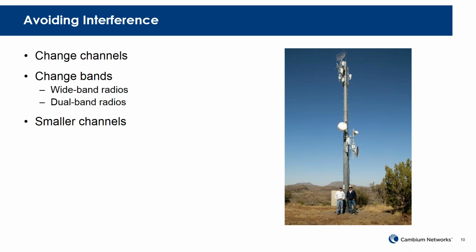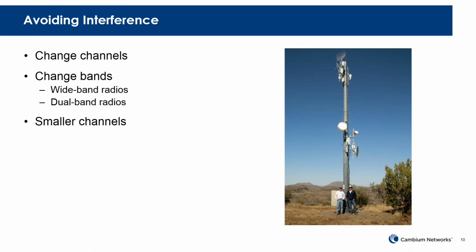Some things to keep in mind when you're going to use this technique are having a radio that has a wider band, a radio that's able to tune to more channels. That's going to make it easier to accomplish this goal of changing channels. Also, having a radio that's dual band will make it easier.